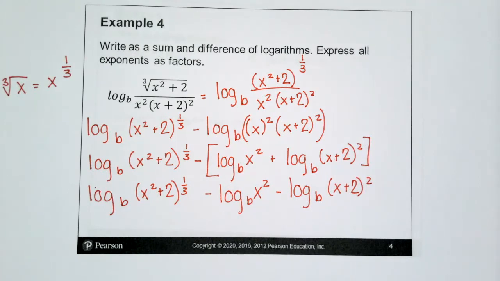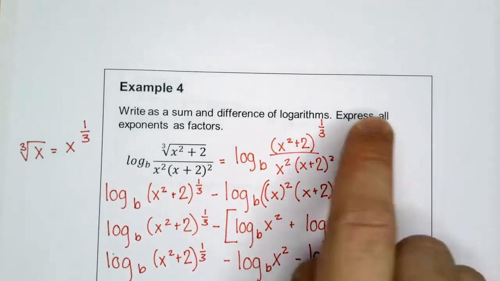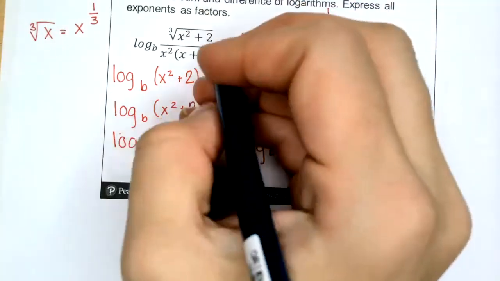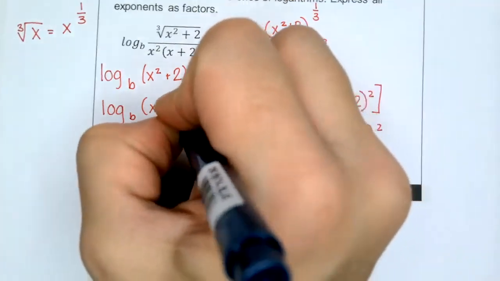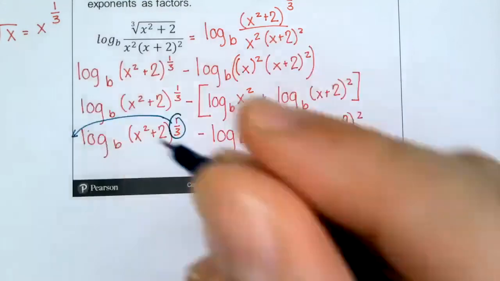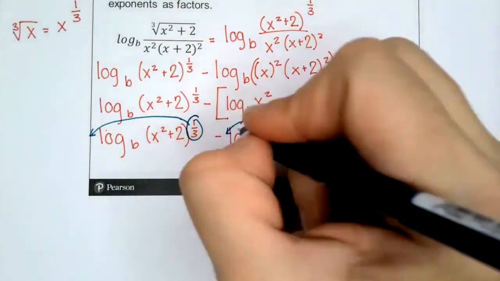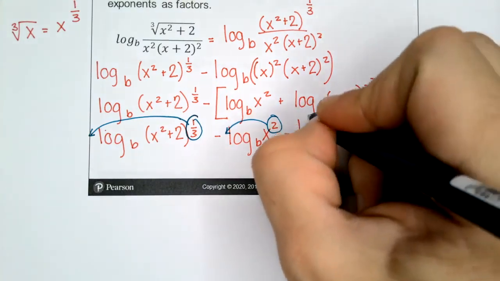Finally, I move the exponents down in front because it said express all exponents as factors, right? So that means I'm going to take the 1/3, put it over here. I'm going to take the 2, put it out front here. And I'm going to take this 2 and put it out front here.